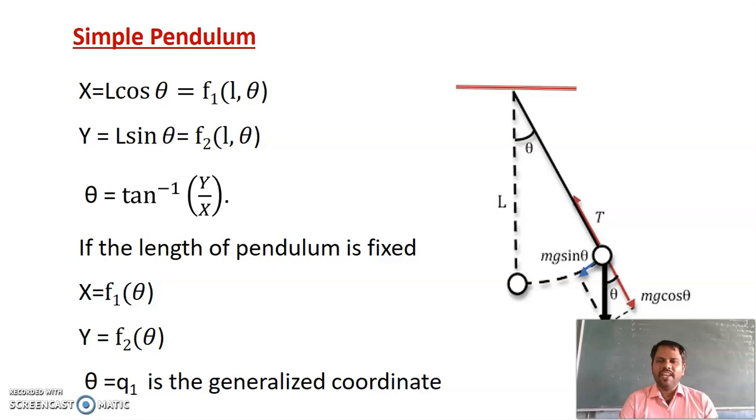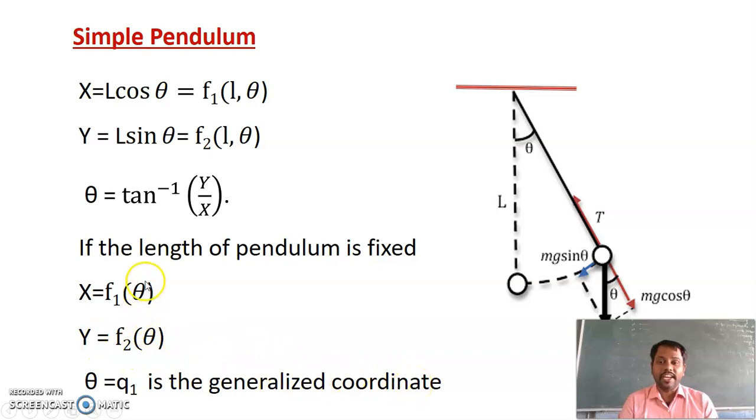However, if the length of the pendulum is fixed, then the theta coordinate alone is sufficient to describe the motion of a simple pendulum. Hence, x will be a function of only theta, and likewise y will be a function of only theta.